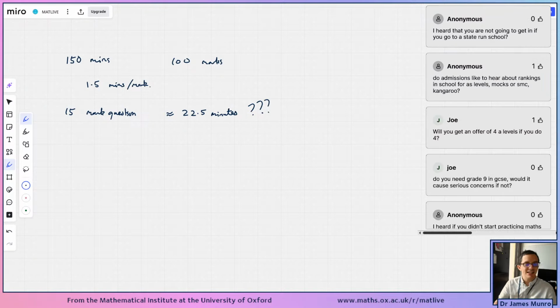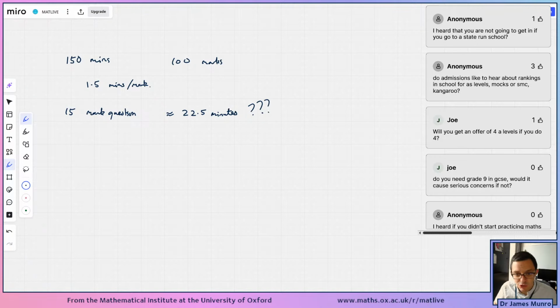Do admissions like to hear about rankings in school for AS levels, mocks, or SMC Kangaroo? I don't know. Your ranking in school tells me a tiny bit, I suppose, but not really. We're not collecting this information for candidates systematically. Your referee might say something like, "This is the best student, so well on the Kangaroo, better than everyone else in the school."